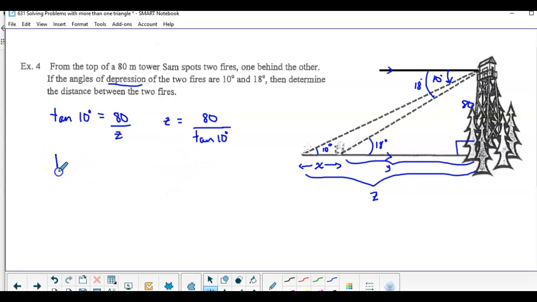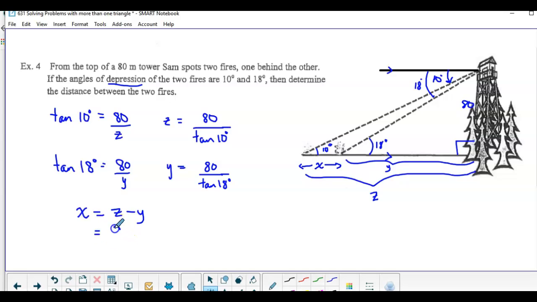Then the inside triangle: tan of 18 equals 80 over y, so y equals 80 over tan 18. And then we'll subtract them. So x will be equal to z minus y.